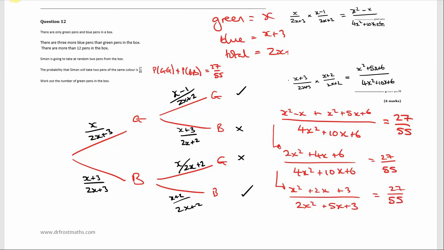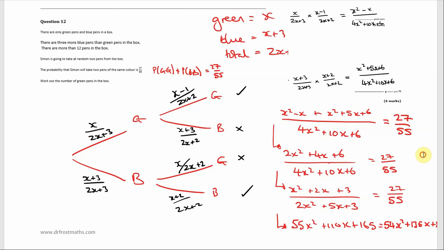Okay, so time to cross multiply. I'm going to times by 55 on this side, 55x squared plus 110x plus 165 equals 54. So we can see 54 and 55, that's going to give us a nice single x squared, so it's working out relatively nicely so far. Plus 135x, and then 3 times 27, plus 81.